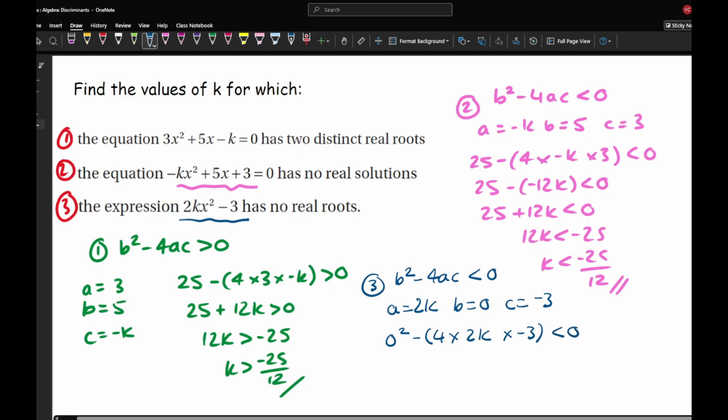So what I end up with is 0 plus 24k is less than 0, which then gives me an answer of k is less than 0.